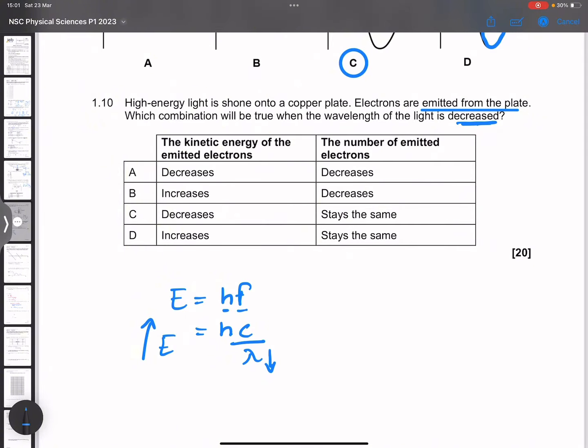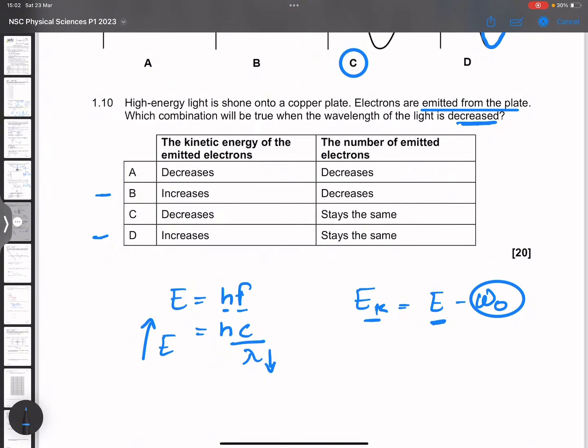Which will increase the kinetic energy, because remember, EK is equal to the energy of the photon minus the work function. This stays constant, okay? So if I increase the energy of the photon, it will definitely increase the kinetic energy, right? So it's between these two.